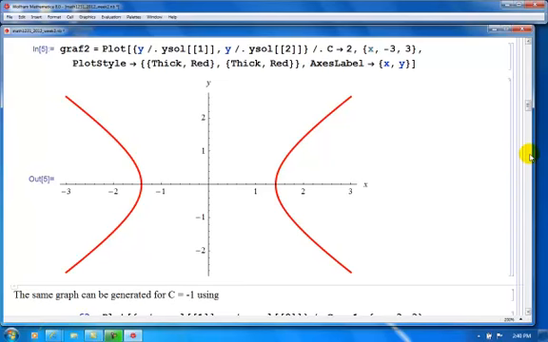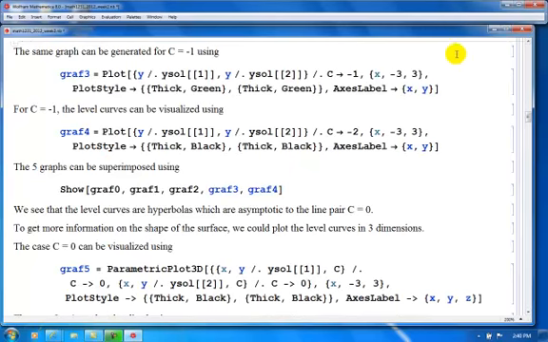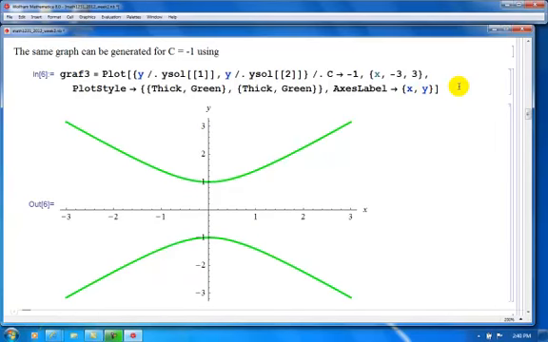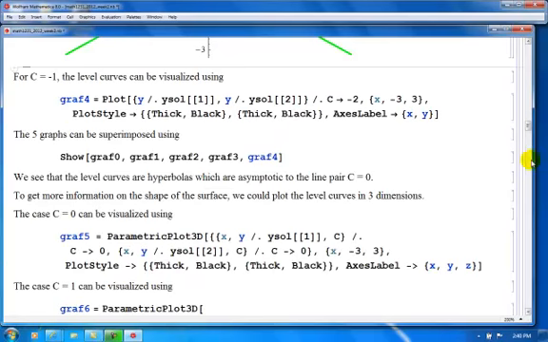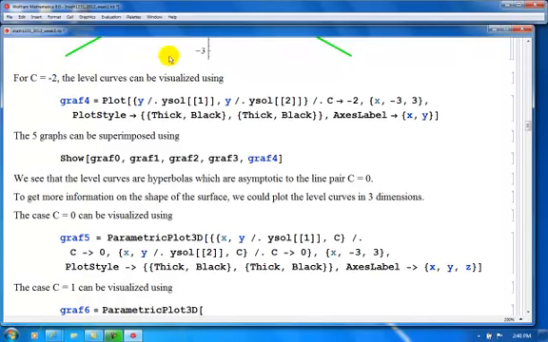So let's now look at negative values of c. We'll generate the same graph, but in green for c equals -1, like so. And this looks like a hyperbola, but now it's gone up the other way. And finally, we'll do it for c equals -2. Let's just fix that. And we can do that using that.